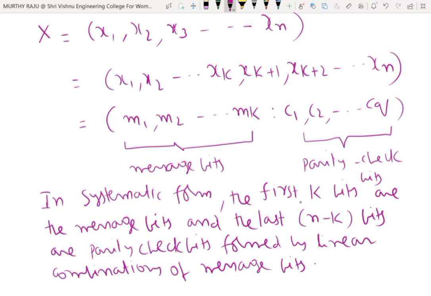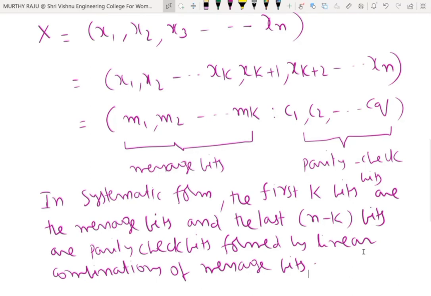In systematic form, the first k bits are the message bits. The last n minus k bits, that is q equal to n minus k, are parity check bits formed by linear combination of message bits.